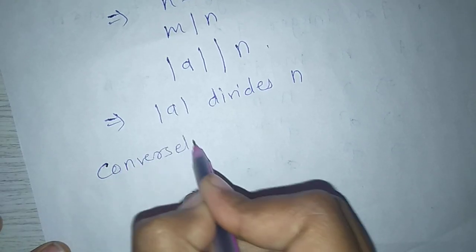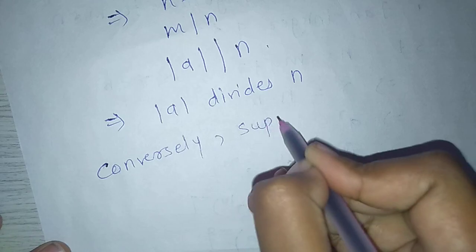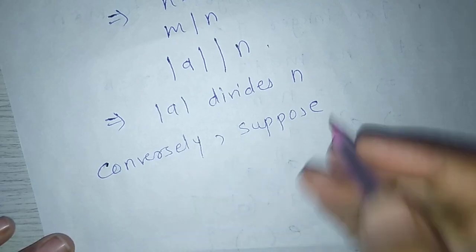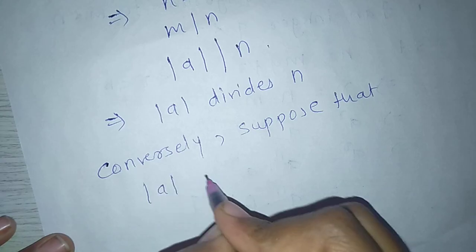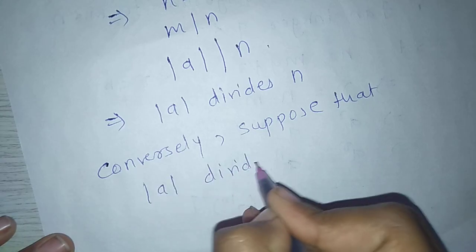Conversely, because the given statement is of the if and only if type, here we conversely suppose that the order of a divides n.